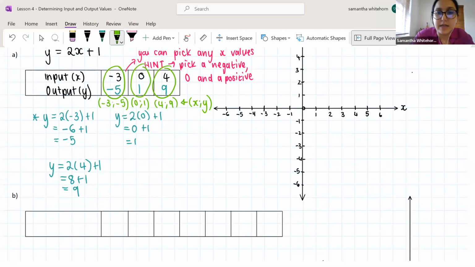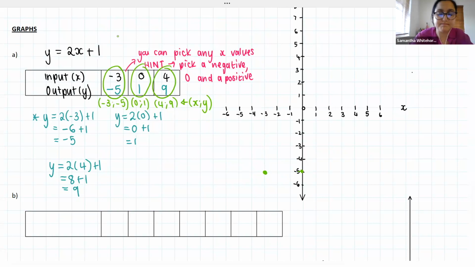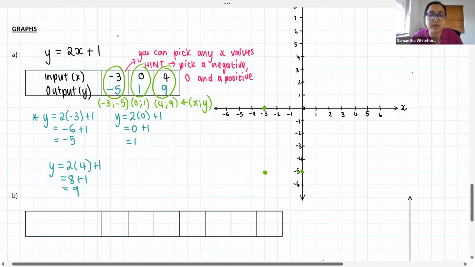So here I am at -3 on x. Here is -5. Essentially we plot two lines, and where those lines join, we draw a point. Now, guys, I would not draw in those dotted lines. Just use a ruler and go from there. But essentially where they meet, that's where we plot our point.